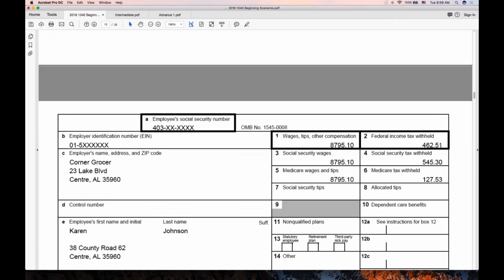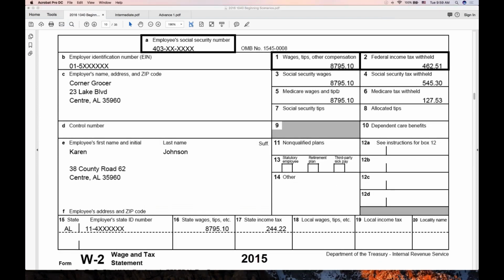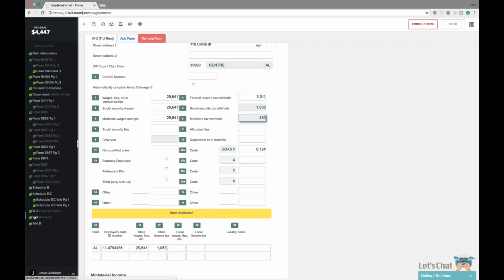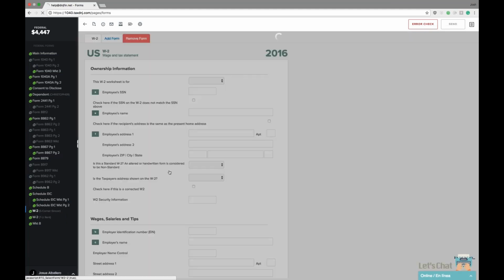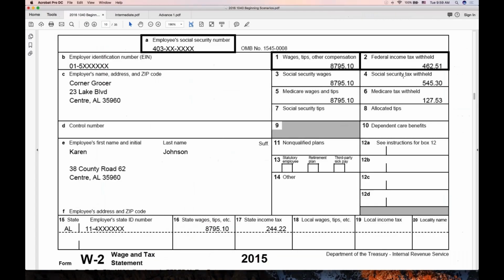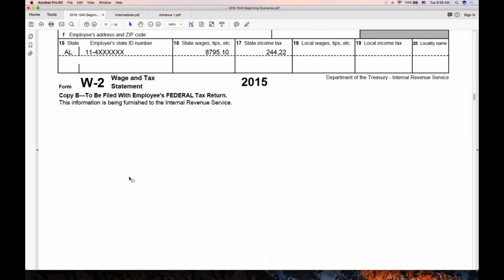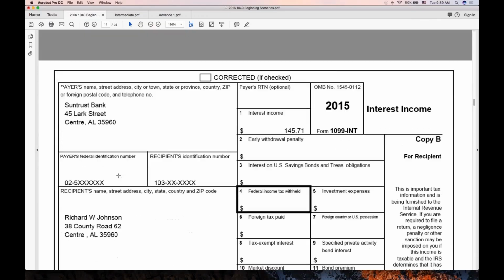Same with the second W-2, $87.95, and then $463 in taxes right there. Remember, it rounds up to the nearest dollar. Perfect. So that's great.